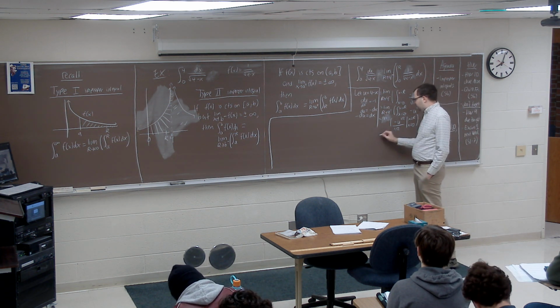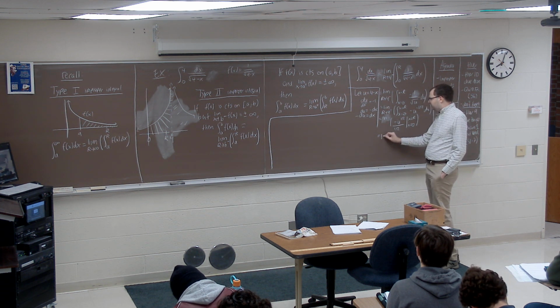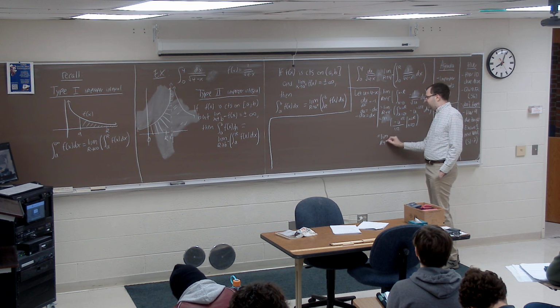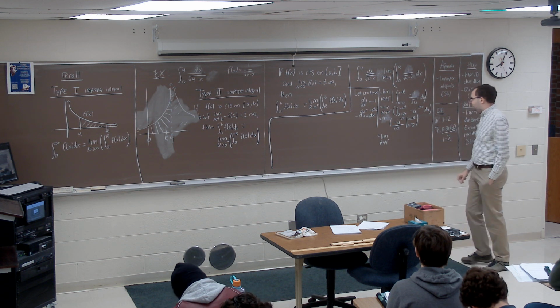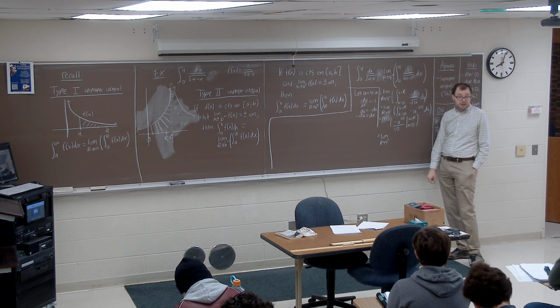Which, if we do a little bit of simplifying, will give us the limit as r goes to 4 of what? Dividing by 1/2 is the same as multiplying by 2.